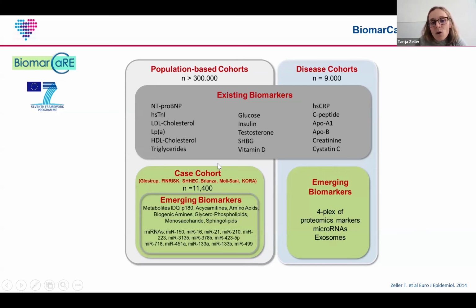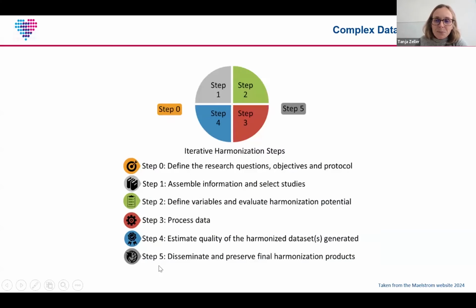And within the case-cohort, we performed also emerging biomarkers, the Biocrates metabolite p180 panel, and as I said, several microRNAs. So you can imagine that it was a lot of work to measure the metabolites as well as all the other biomarkers.